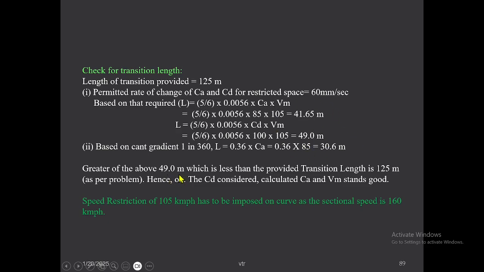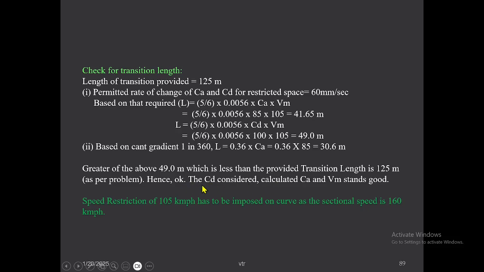But 49 is less than the provided length. So the requirement is only 49, whereas in the problem the length of transition is 120 meters, which is much more than required. That's why it's okay.